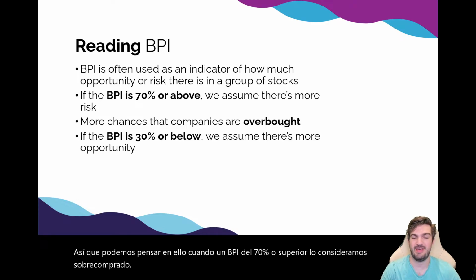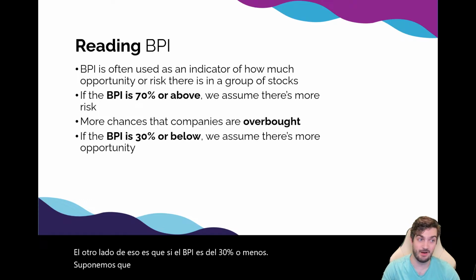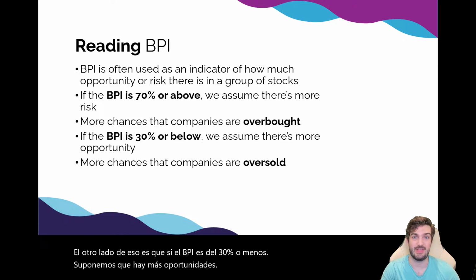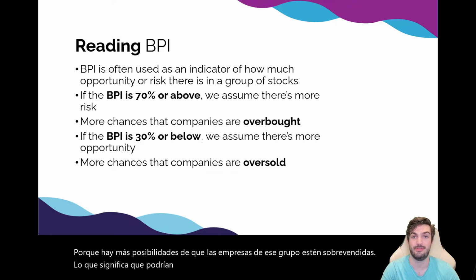The other side of that is that if the BPI is 30% or below, we assume there's more opportunity because there's more chances that companies in that group are oversold, meaning they might be undervalued compared to the rest of the market or the rest of its group.